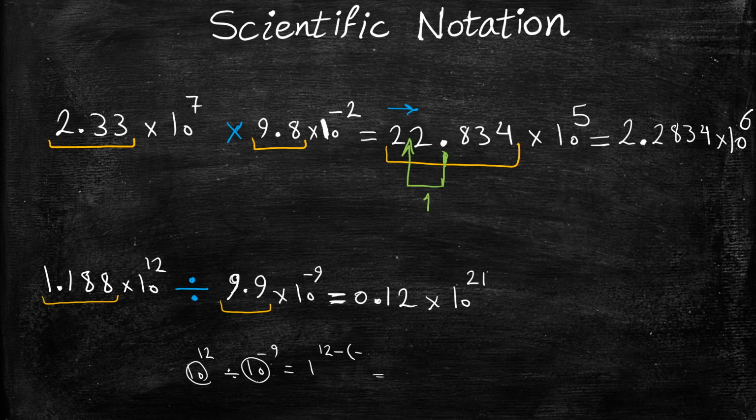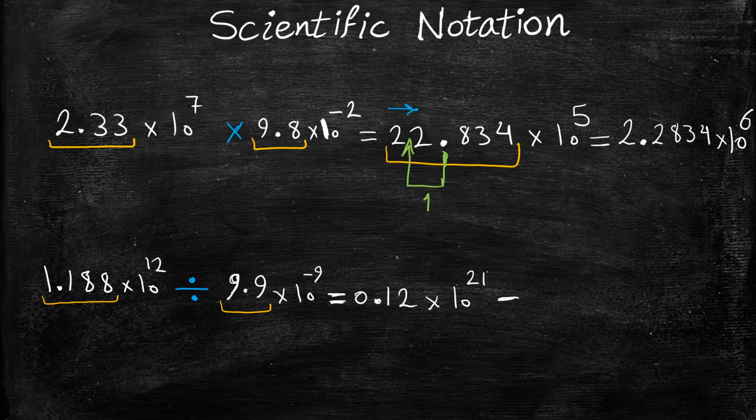Okay? So we're technically done again. We have the answer. But if they say, represent your answer in scientific notation, is this scientific notation? There is one digit to the left of the decimal point, but that digit is 0. So we want a non-zero digit to the left of the decimal point to have a scientific notation.